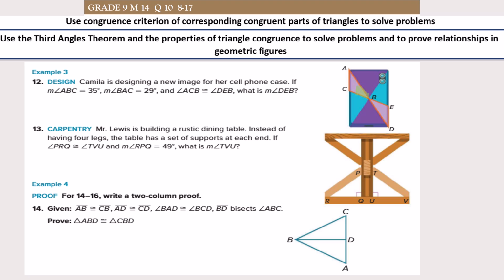Fill in the given, and they tell you it is 35 degrees. When you are given this, go back and see what's the next part of given information. BAC, right? Angle BAC is 29 degrees.